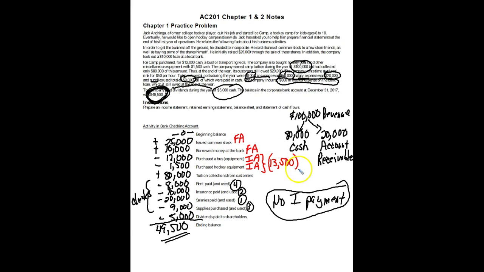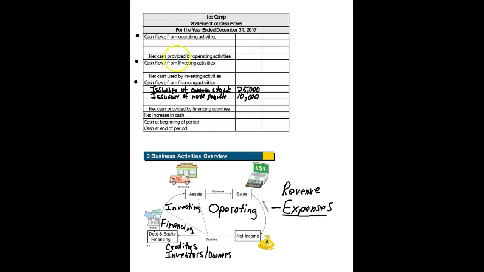And I put brackets around it because it's a negative number. So we've got an investing activity, purchase of equipment. Let's go over here under investing activities and write that in. Okay, so I listed out purchase of equipment and I put brackets around the $13,500.